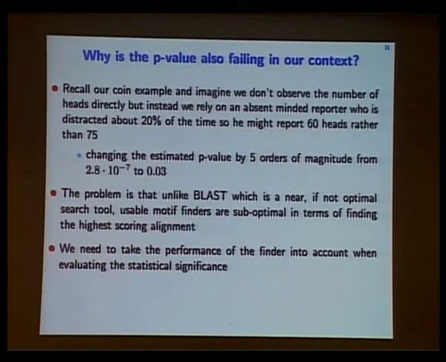And that's the reason why the p-value, which is defined as the probability that the best alignment in your input set scores above S, is the wrong question to ask, because your finder cannot find those best alignments. Rather, you should really ask questions like what Rahul was saying, relative to the performance of the finder.